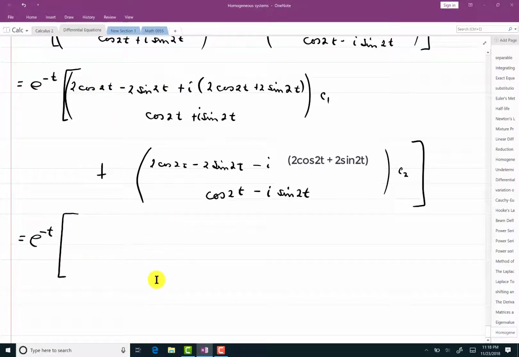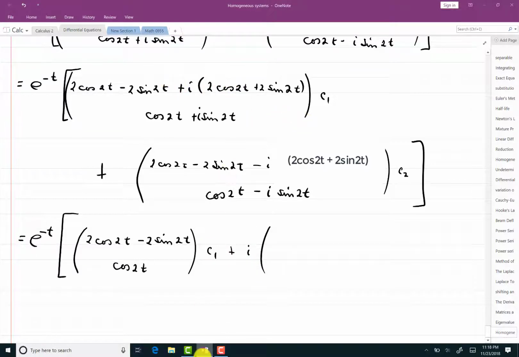I'll be able to break this vector up into 2 pieces. 2 cosine of 2t minus 2 sine of 2t, and then cosine of 2t. That was attached to C1. So I took all the real parts, this portion right here, and then this portion, just the cosine 2t, plus, and then I'll have an i.